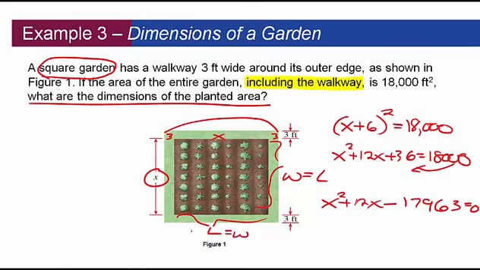And now you can try to factor it, x, and you're basically looking for factors of 17,963 that have a difference of 12, right? Because this is a negative number, one of these is going to be negative, one of these is going to be positive. Obviously, the bigger number is positive because you have a plus 12 here.